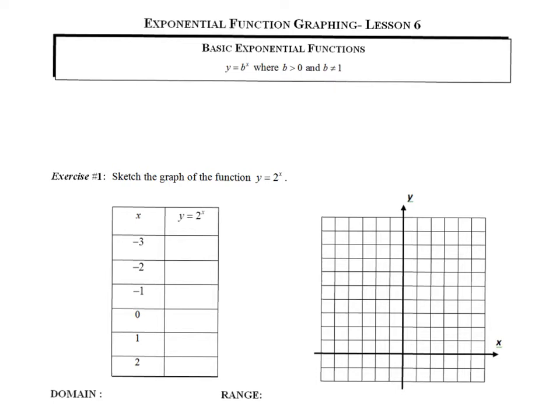So some examples of basic exponential functions would be the following. Y equals 4 to the x. Or we could have something like y equals 1/2 to the x. We can have any fraction as a base, so we could have something like y is equal to 3/5 to the x power.